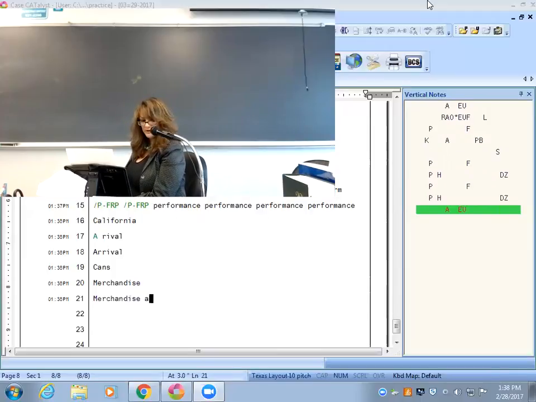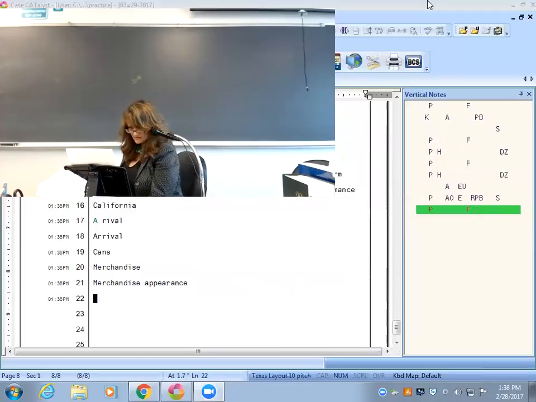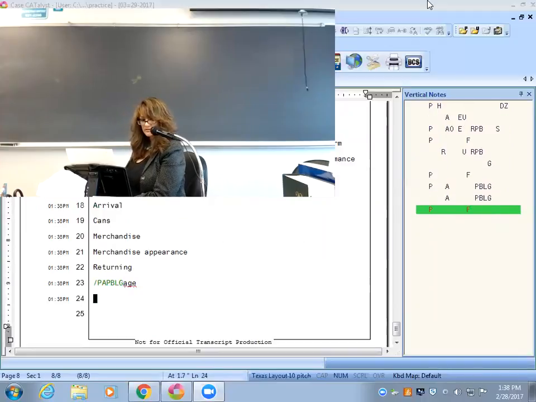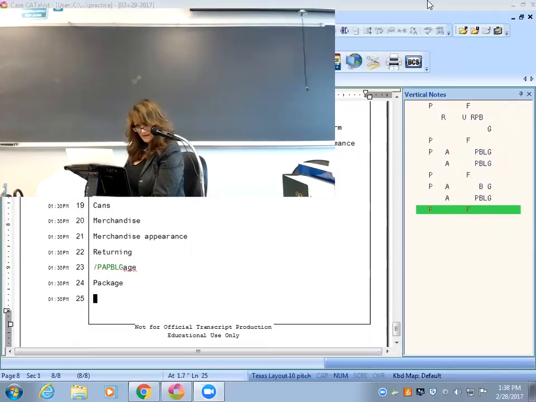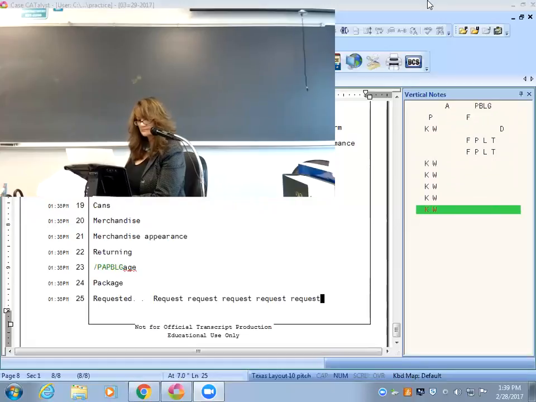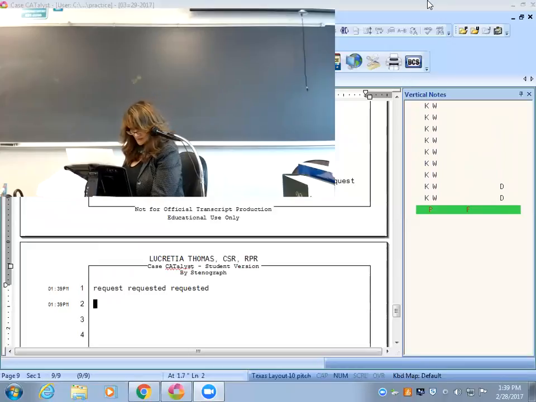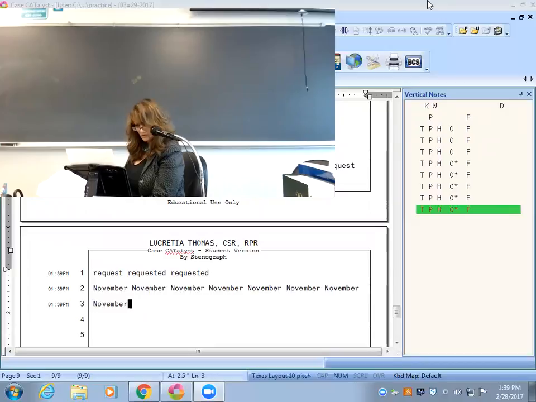So long A, appearance. You've got returning, RURN, come back G. You have package, PAK, come back AJ. You've got requested, you can write in one stroke. Request is K, KW, which is a Q. So requested, you can add the D. You have November, NOF, NOV, I think they both come out.